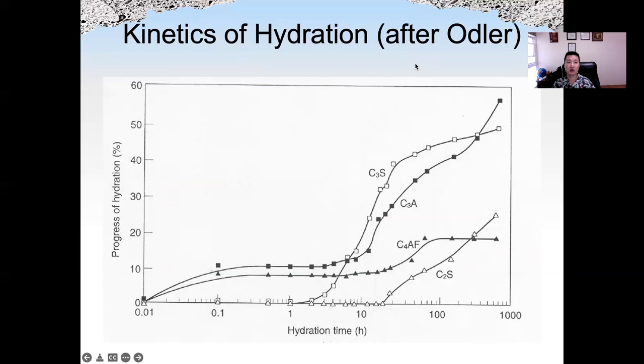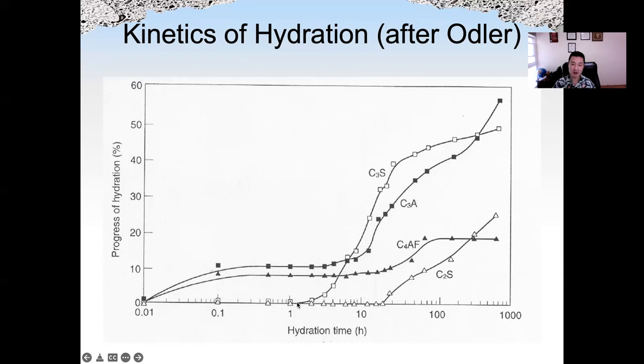So here shows the kinetics of hydration, or the percentage of hydration for different compounds. The x-axis is time in hours. What we can see here is that C3A and C4AF react pretty much instantaneously, and it goes up.